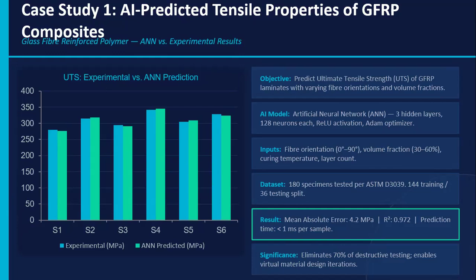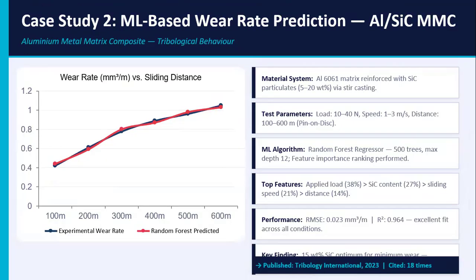Using data from 180 experimental specimens, the artificial neural network achieved an R squared value of 0.972 and a very low prediction error. This approach can reduce conventional destructive testing by approximately 70% while predicting with relative accuracy, and accelerate composite design compared to the old conventional methods.